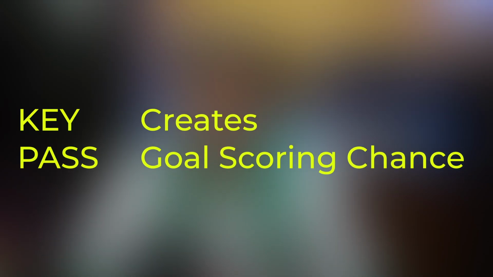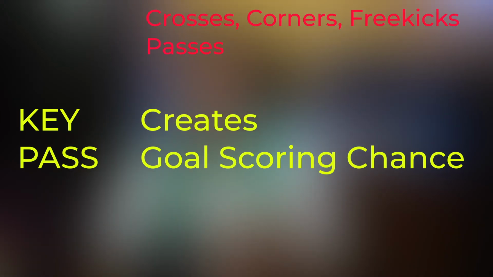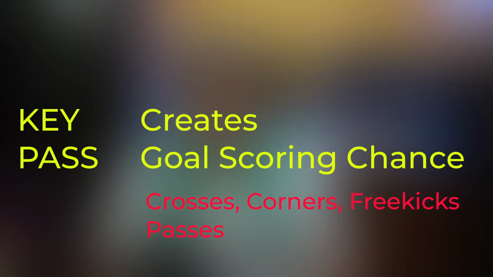In Football Manager, we've got key passes. A key pass is any pass by a player that allows his teammate to have an attempt on goal. So you will find crosses falling into this, you'll find passes falling into this. So if a player brings the ball out wide and he plays a pass to somebody and it's a cross and it lands on the head of somebody and he can take a header at goal, that's considered a key pass.